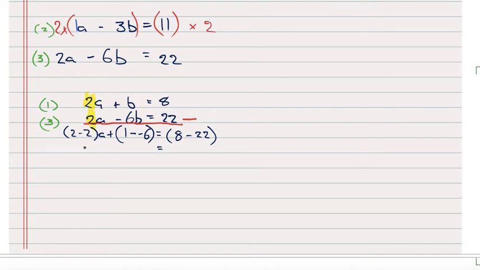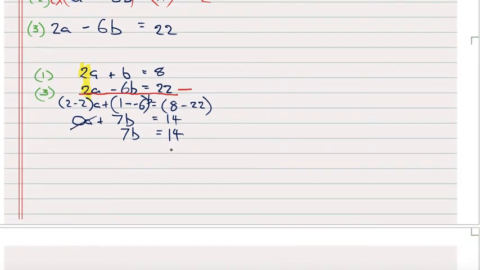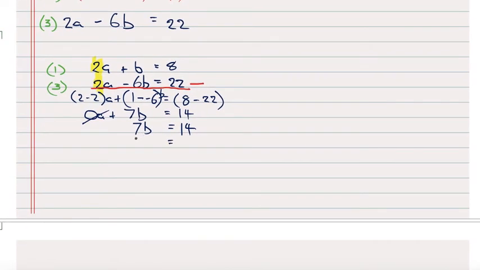And bringing that all down, we'll have 0a plus 1 minus negative 6b, which is going to be 7b because the two negatives turn into a plus. And then we're going to have 8 minus 22, which is negative 14. Thus, we have 7b equals negative 14 because the 0a cancels. Then, dividing both sides of the equation by 7, we get b equals negative 2.